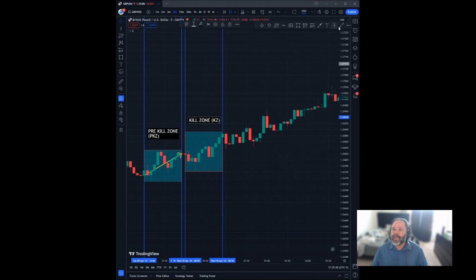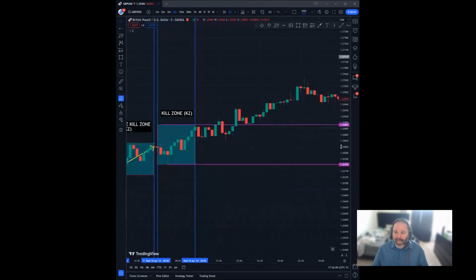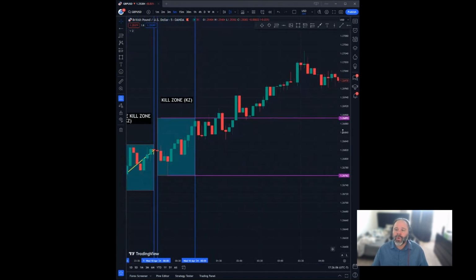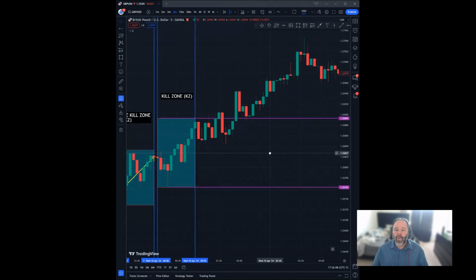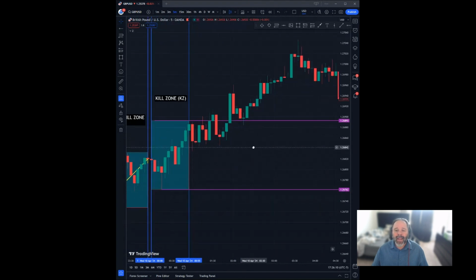So for the kill zone, you want to know where the upper level is right there, and what the lower level is, which is right there. What you want to look for is which side the market broke up to or down to.